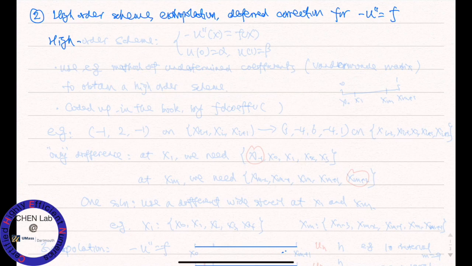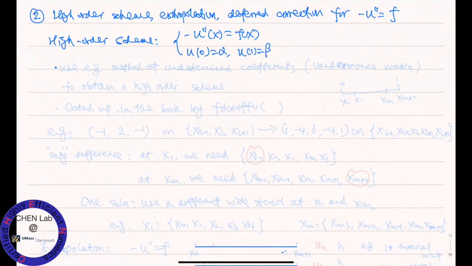So for the high-order scheme, again here we're solving negative u double prime of x is equal to f of x, given the boundary condition u0 is alpha, u1 is beta.